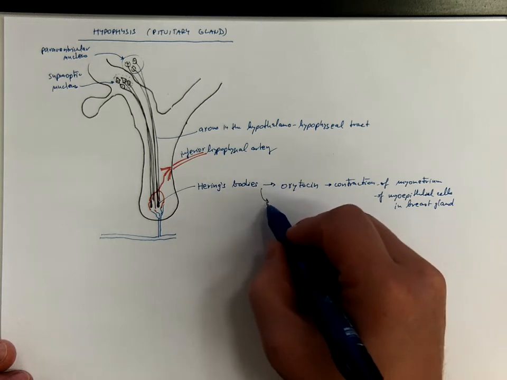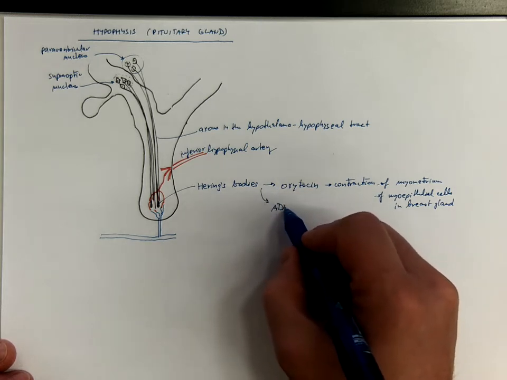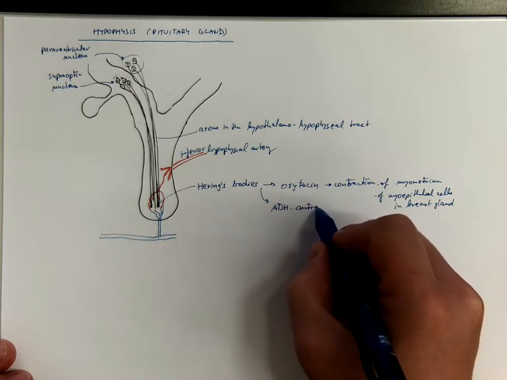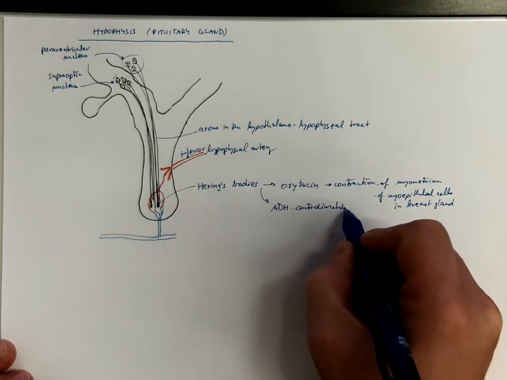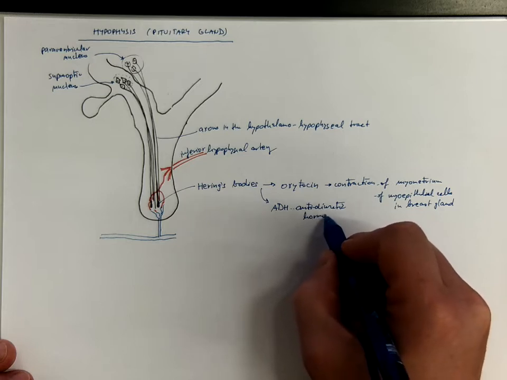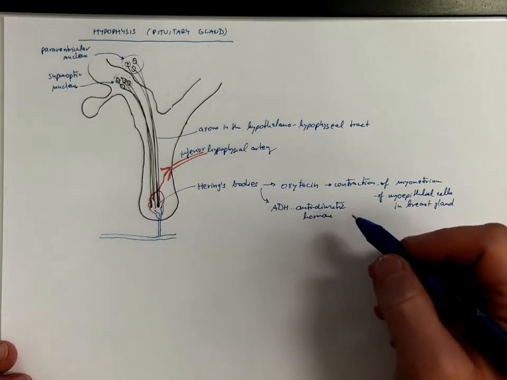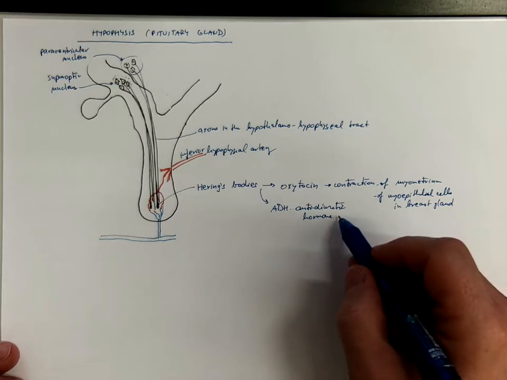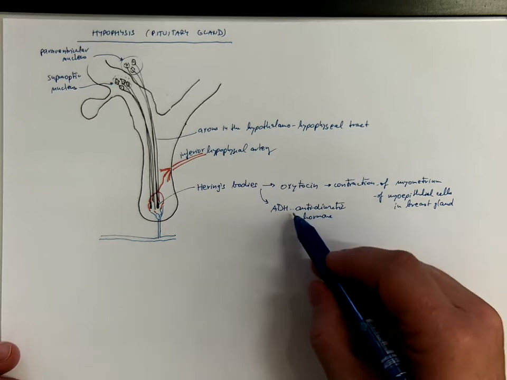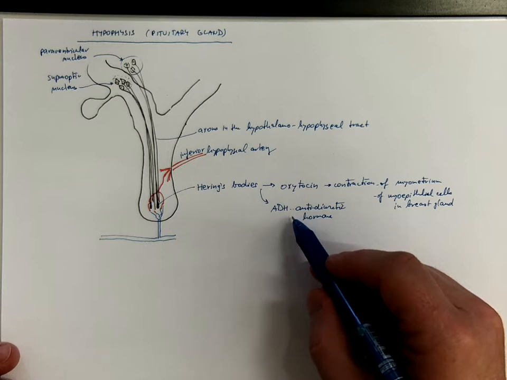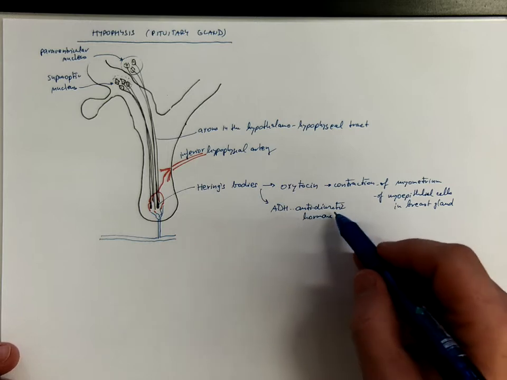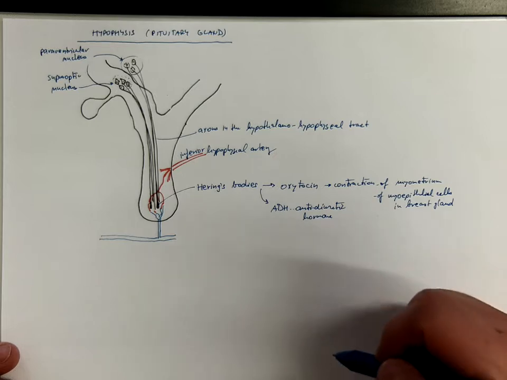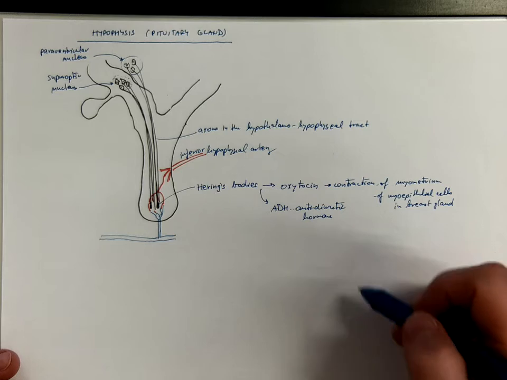Another hormone is also a peptide. It's called ADH, which stands for antidiuretic hormone. And it decreases the volume of urine by opening water channels called aquaporins in the collecting ducts of the kidney, so more water could be retained in the body and less is lost.